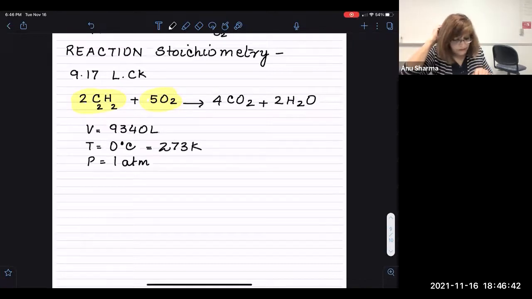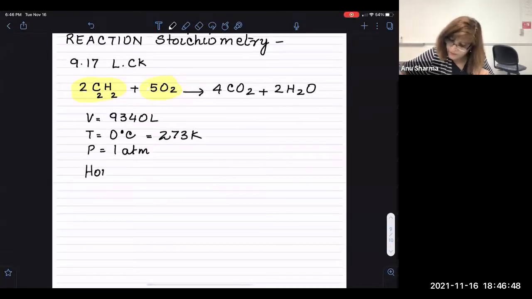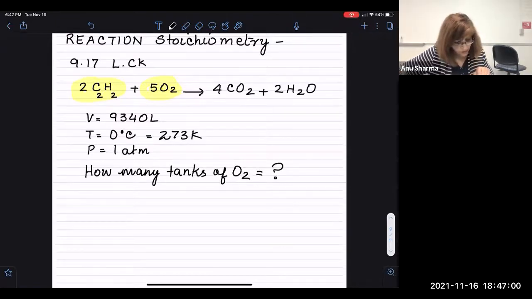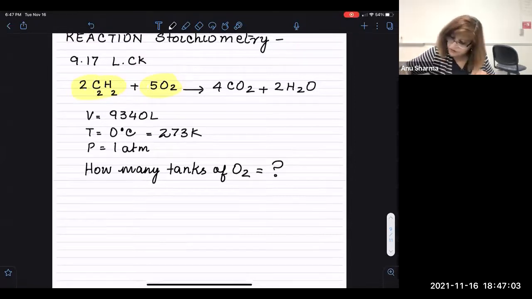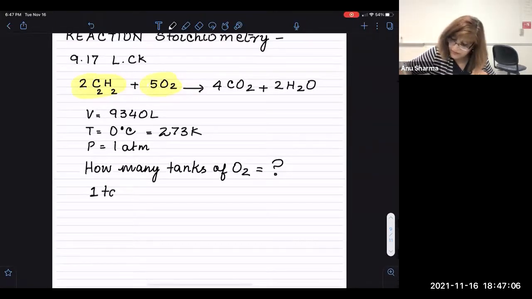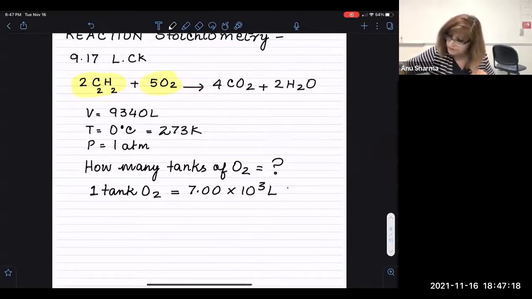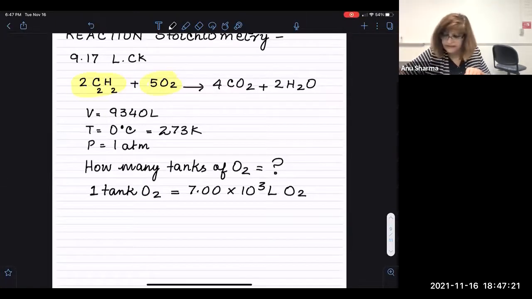Okay, how many tanks of oxygen, each providing, so the volume, each 1 tank of oxygen provides 7.00 times 10 to the power 3 liters of oxygen, at 0 degrees Celsius and 1 atmospheric pressure, will be required to burn the acetylene?